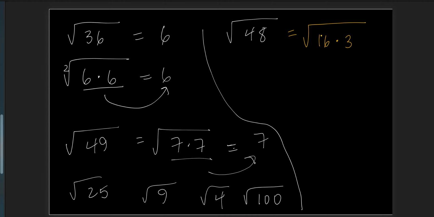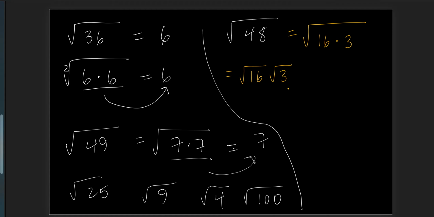16 is good to use because that's a big perfect root number. We know the square root of 16 is 4. What you can do is give each its own radical. This is one way to look at it, and there are different ways to write out radicals in problems.